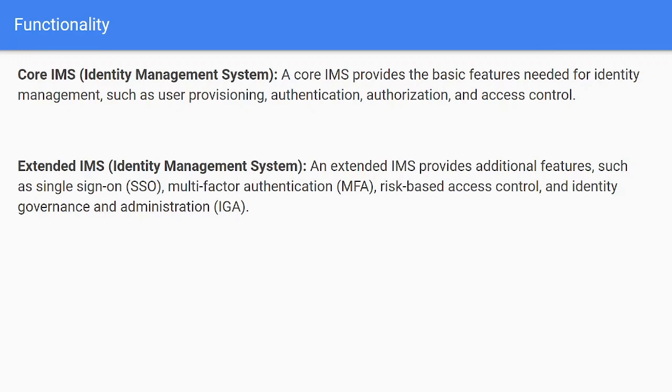While the next point is the extended identity management system. Extended has to do with adding additional features, like single sign-on, multiple factor authentication, risk-based access control, identity governance and administration. Currently, most of the IMS solutions we have today are extended IMS, because right now everything is intertwined.